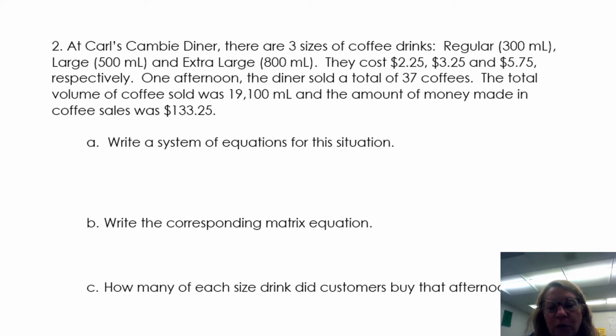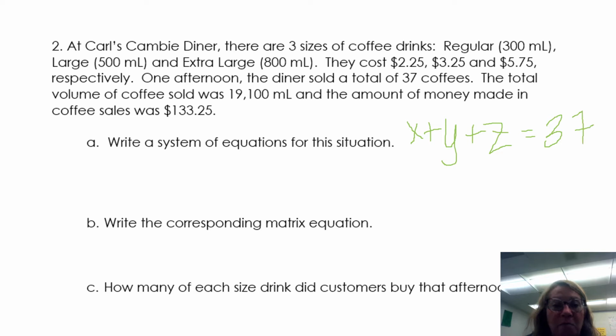So the first equation we're going to write is just the total. How many coffees did we sell? We sold 37. So I'm going to write an equation for the total, x plus y plus z equals 37.